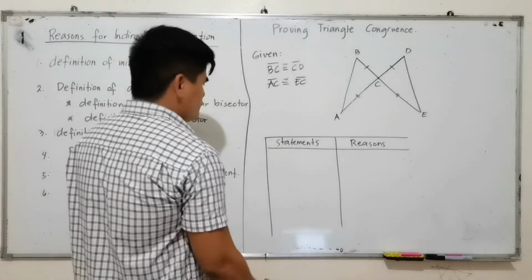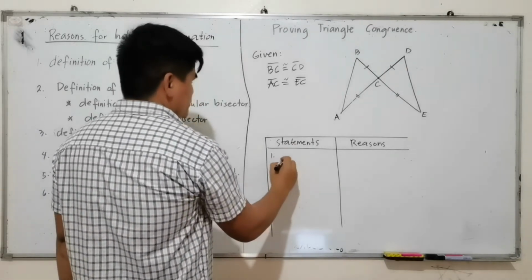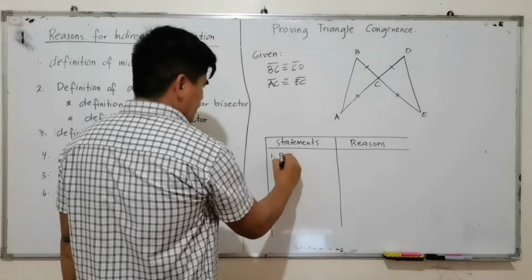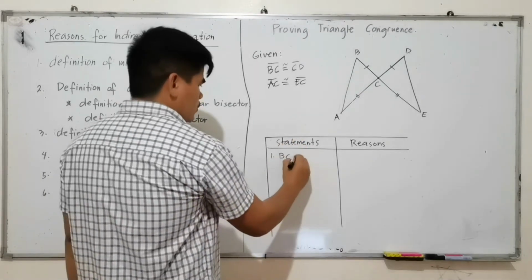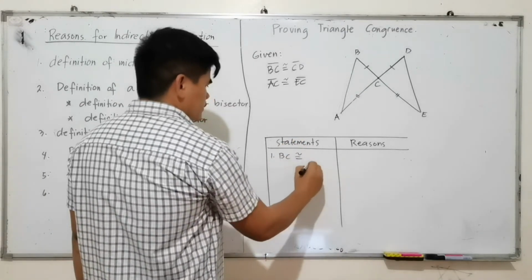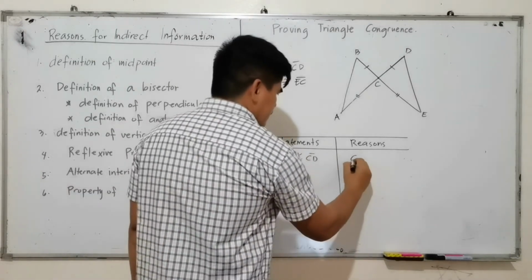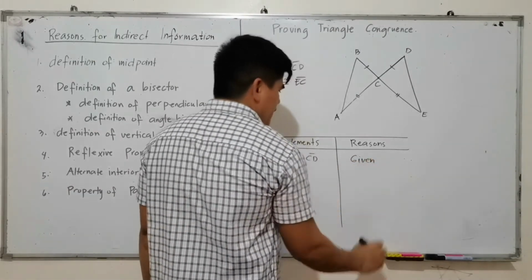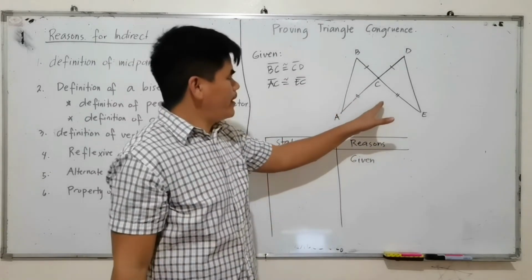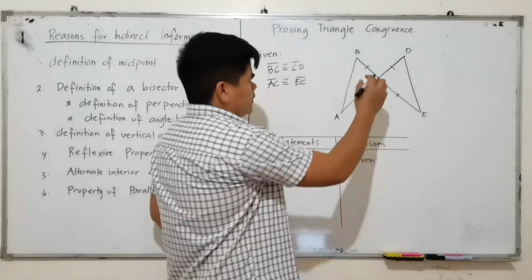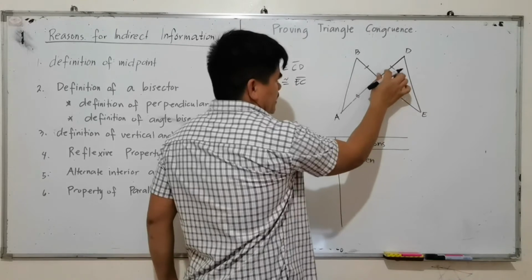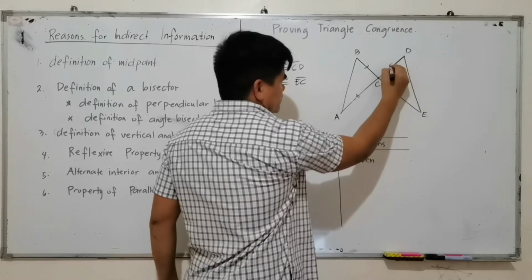Then we're going to write this information here. First is BC is congruent with CD. The reason is given. Now, as you can see, based on the figure, that refers to BC and CD, and this is side.